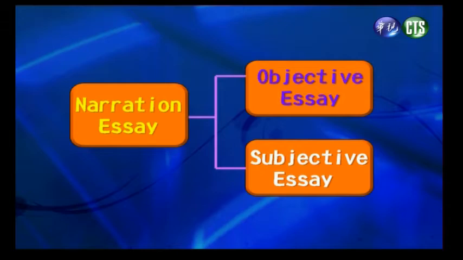And our second key term is objective essay. Now, in an objective essay, you tell all the facts of the story as clearly as possible without putting in your personal opinions or trying to influence the opinions of your readers.